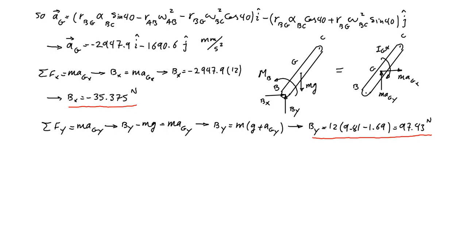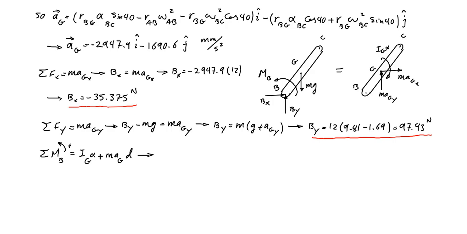Now the final thing that I want to find out is what is that couple or torque applied there. So I'll write the equation for a moment, summation of the moments around point B. I'll take this direction positive. For some reason this time I took the opposite of the motion as positive. It really doesn't matter. You can take the other direction. That's what I usually do, but this is a little unusual, at least for me.